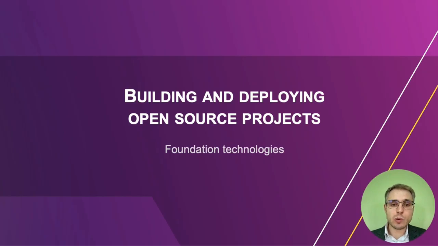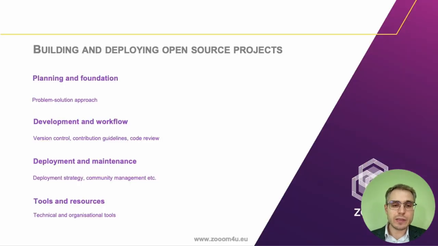Now, in terms of building and deploying open source projects, there are some foundation technologies that you must be familiar with. So when it comes to building and deploying, there are a few phases that you need to consider, but the key can be summarized by what you see on this slide. So, for example, you first need to start with solid planning and foundation, following a problem solution approach, followed by development and workflow using technologies such as version control, strict adherence to contribution guidelines, and thorough code review.